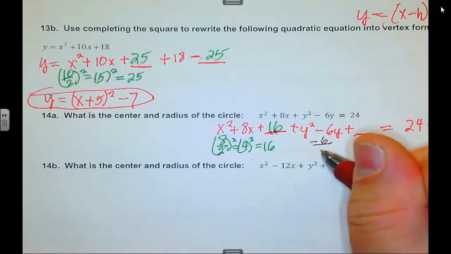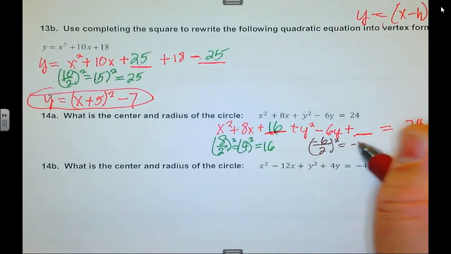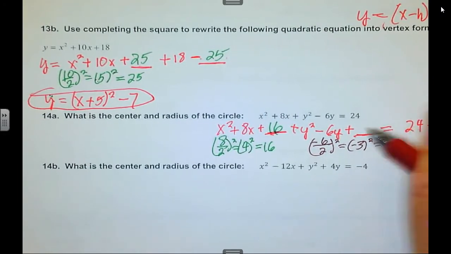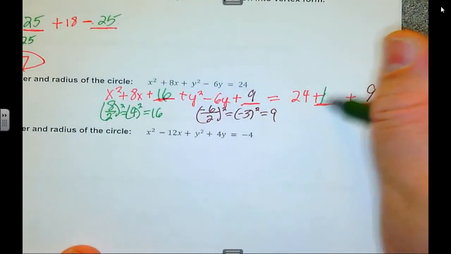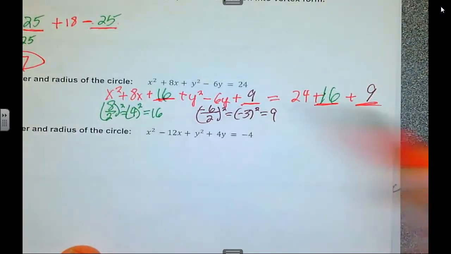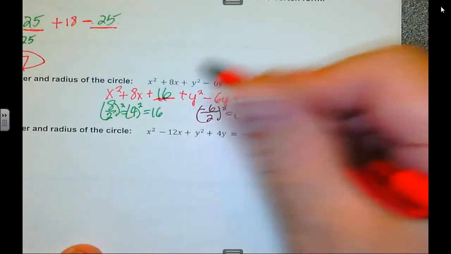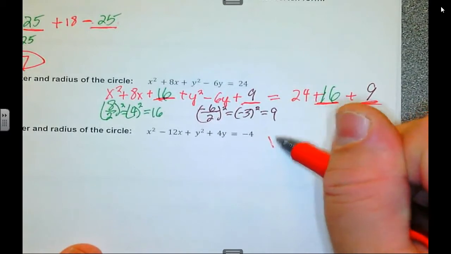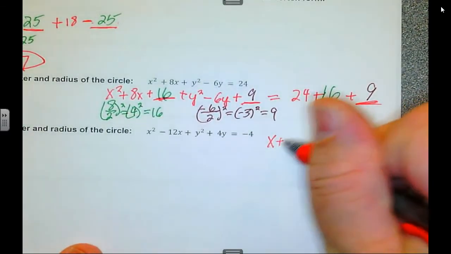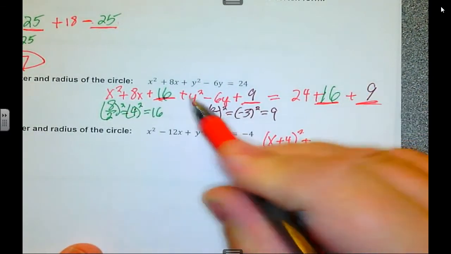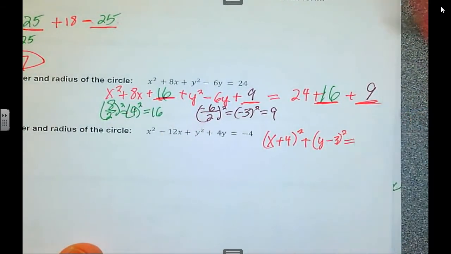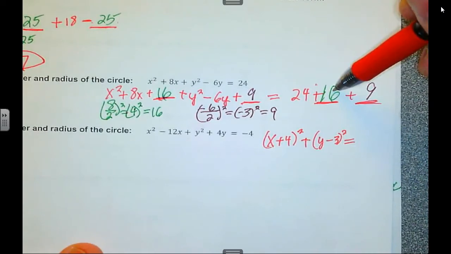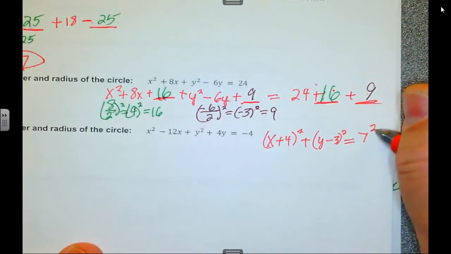Half of negative 6 is negative 3 squared, which is 9. There's my second one. So 9. And this is 16. So I have my x plus 4 squared plus y minus 3 squared equals 24 plus 16 is 40, 40 plus 9 is 49, or 7 squared.